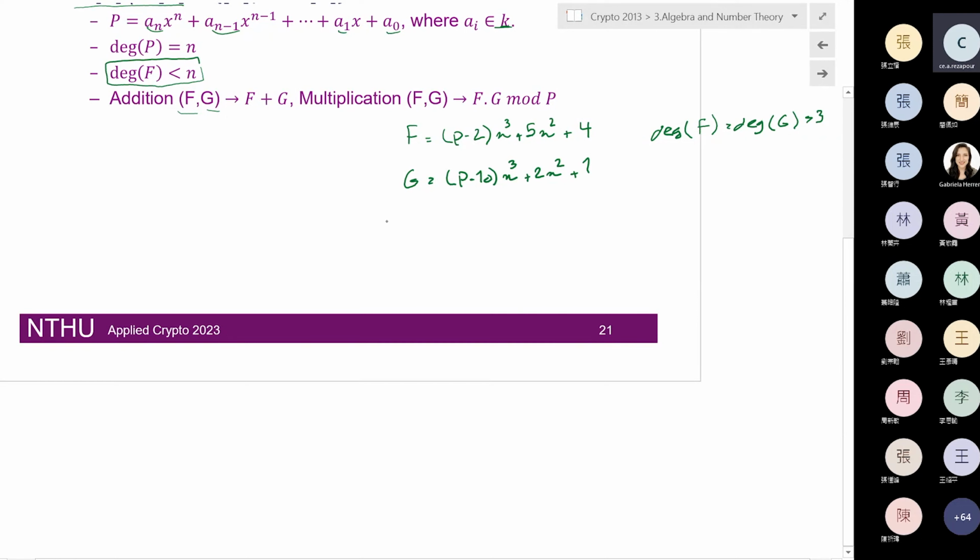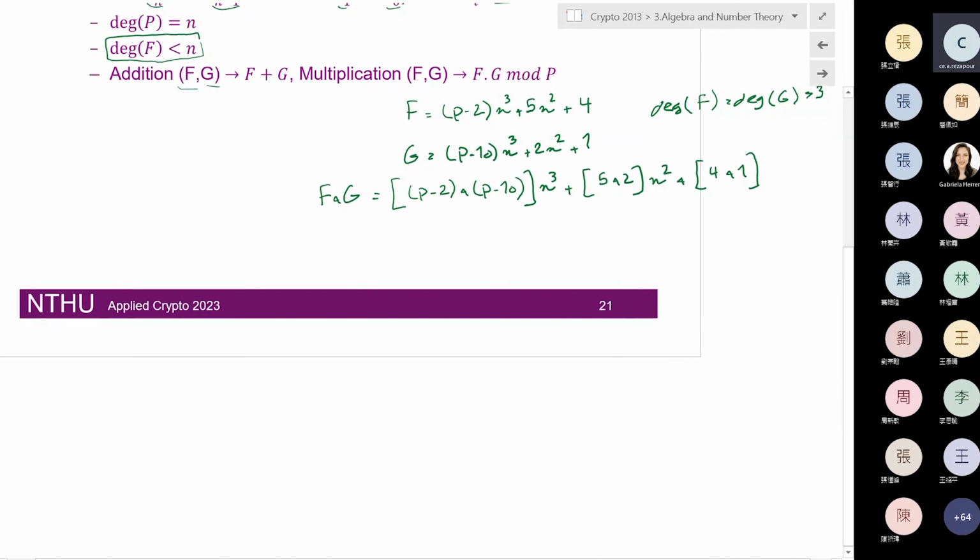It turns out that now we can actually do f plus g. That is going to be (p minus 2 plus p minus 10) x^3 plus (5 plus 2) x^2 plus (4 plus 1).